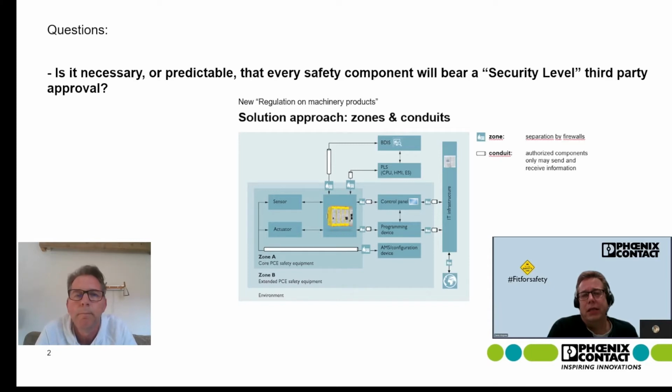Yeah, there are some guidelines available which are referenced in both standards, ISO 13849 and IEC 62061, which are describing this zoning model and also referring to other guidelines as well. And that is just one option or one idea how this may look like.